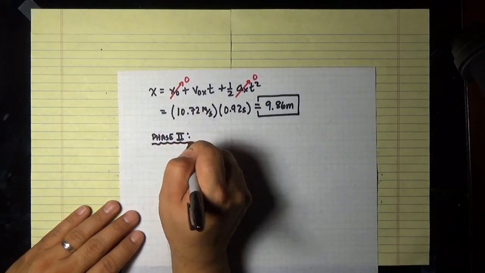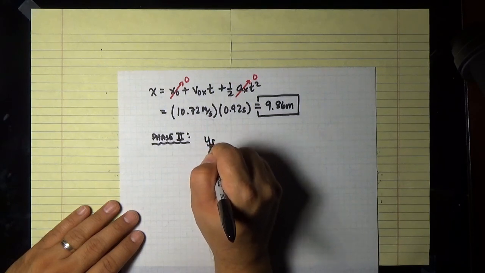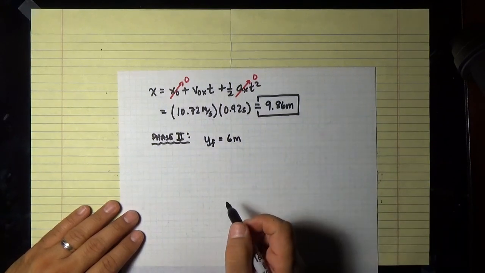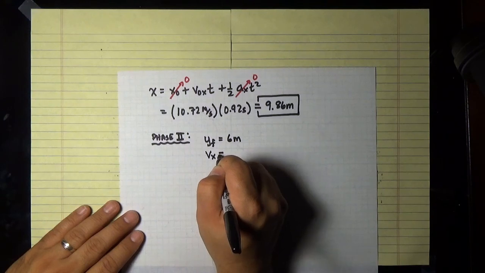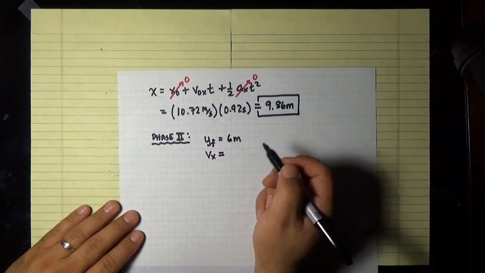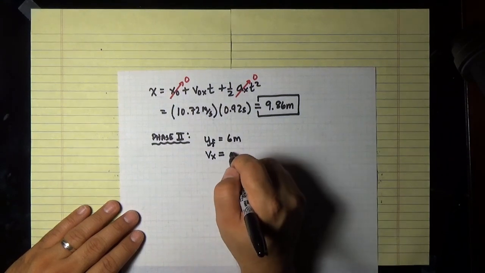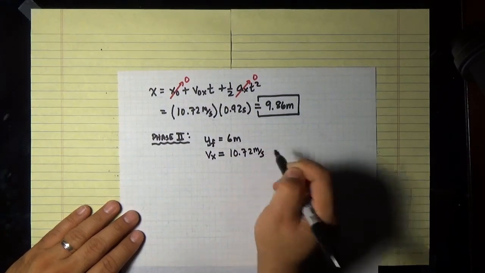In particular, I know that the final y is 6 meters because I started at 6 meters. I know that my final x speed is the same as my initial speed because it didn't accelerate or change, and we said that that was 10.72 meters per second.